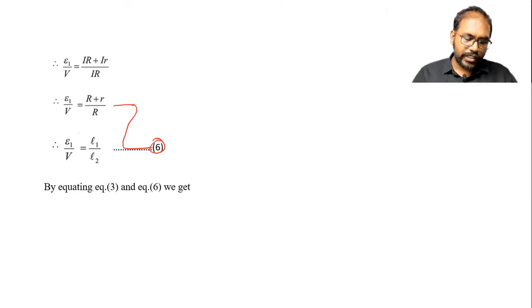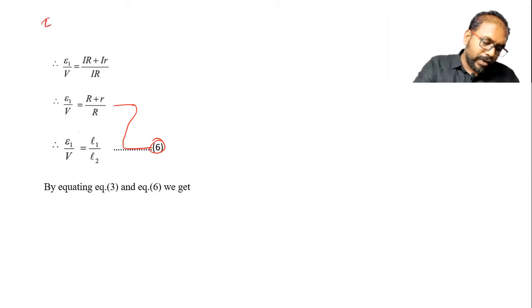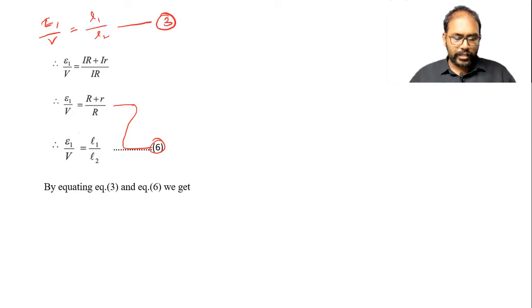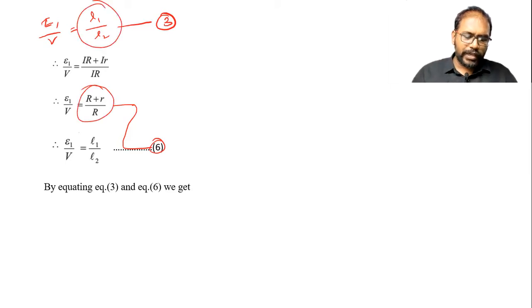Equation 3 is E1 by V is equal to L1 by L2. As we equate, one side gets cancelled, so L1 by L2 is equal to this part. So I can write R plus r divided by capital R is equal to L1 by L2.